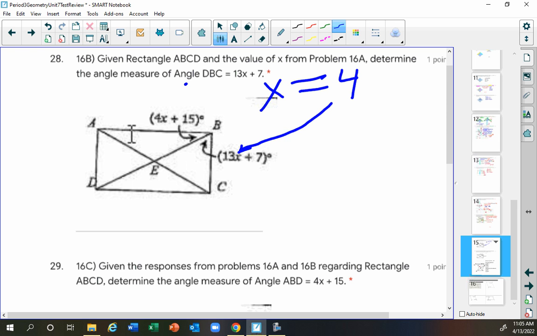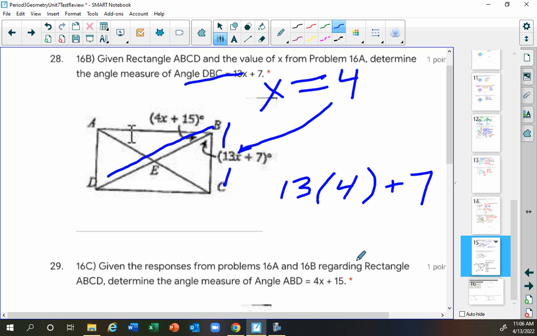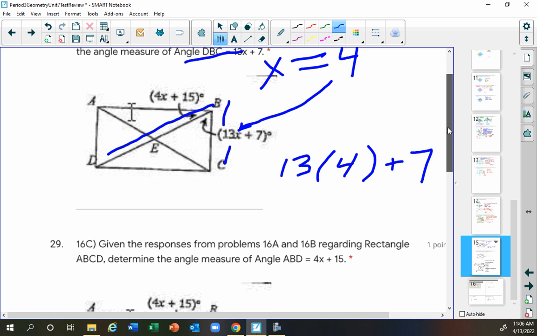Angle DVC, oops, this angle right here. So basically it's going to be 13 times 4 plus 7. Okay, when we do that math, what's the final result? What do we get? I know quite a few of you got it, so don't be shy. Say that answer. 89 degrees.